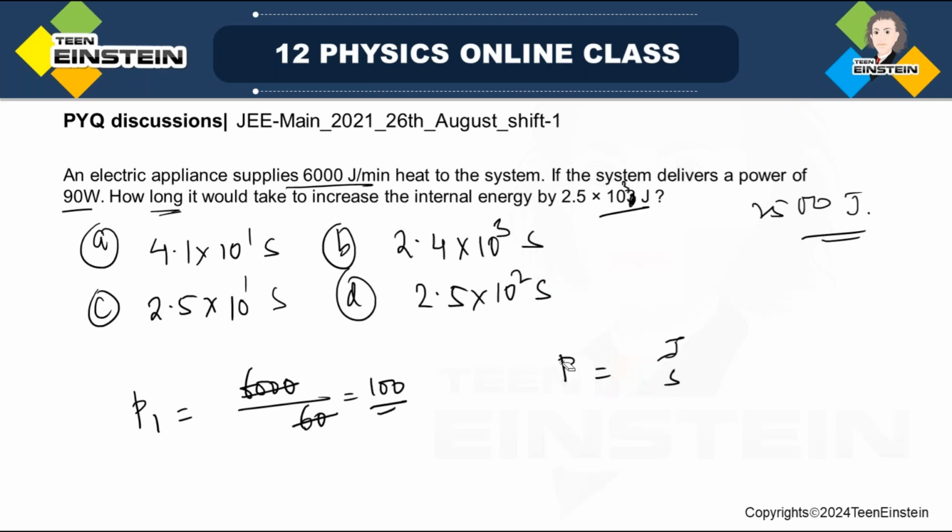Let us write down the first law of thermodynamics. See, we know dq is equal to du plus dW.